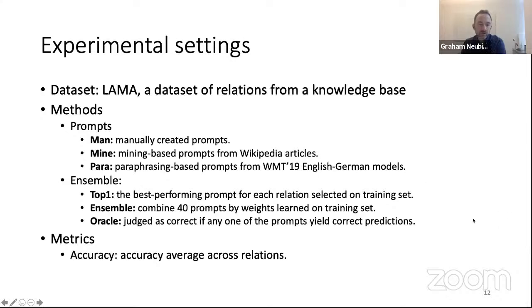And then with respect to ensembling, we measure the top 1 accuracy, the ensembled accuracy by combining together 40 prompts with weights learned on a training set, and oracle accuracy, where we judge the output is correct if any one of the prompts yields a correct prediction. So this is basically seeing, if we use all of the prompts, does any one of them elicit the knowledge from the language model that we would like? And we averaged the accuracy across relations.